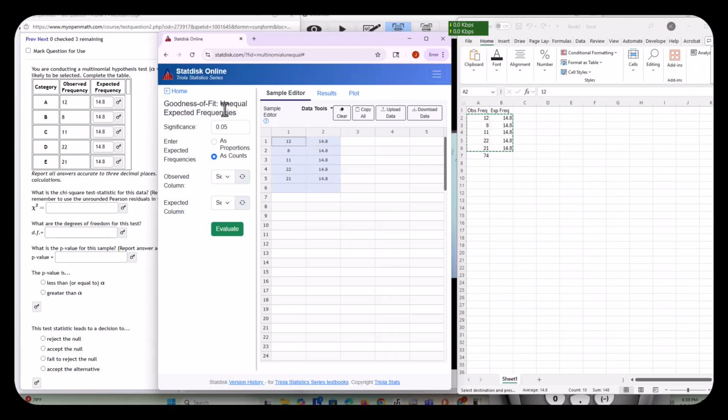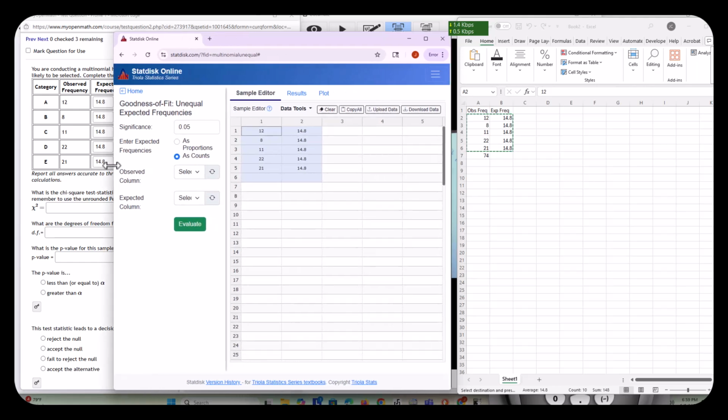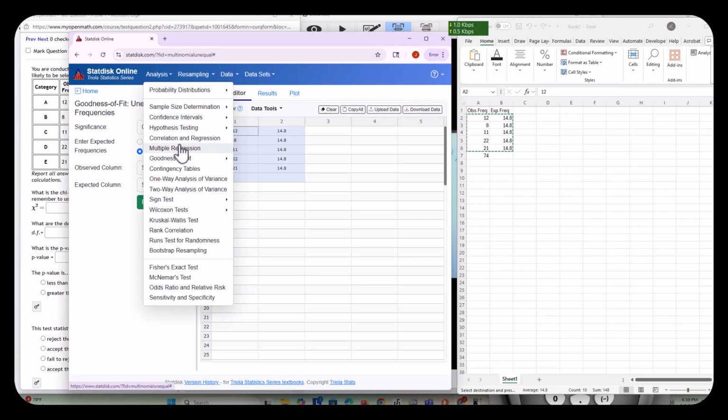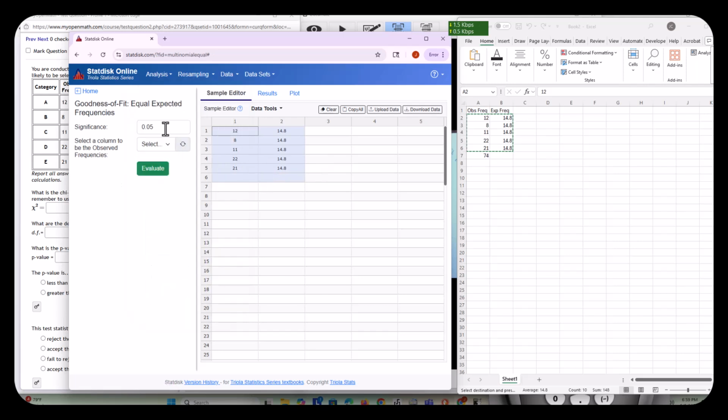And goodness of fit, unequal, so we have to change this. These are equal, so let's go here. Bring it back to analysis. Goodness of fit, unequal, or equal. Sorry, equal. Our alpha level is 0.05. Observed is 1.